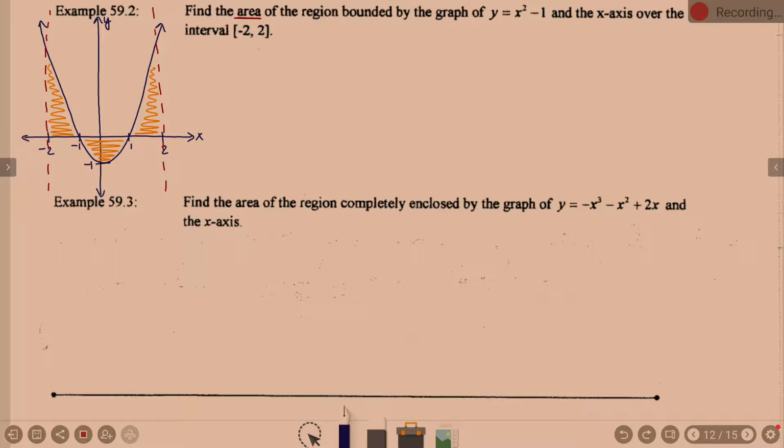So officially, I tend to first write it off as, okay, it's the integral of -2 to 2 of x squared minus 1 dx. Realizing if I do that right now, I'm not going to get the right answer. Okay?